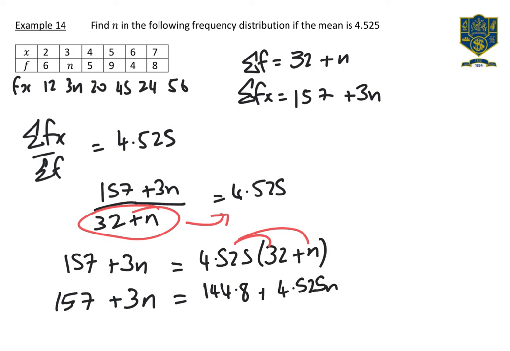Now bringing the n's to one side, so we'll bring the 3n over, and we'll also bring the 144.8 across, and we're going to have 1.525n is going to equal 12.2, and dividing by 1.525, we get that n is equal to 8. So the missing value was 8.